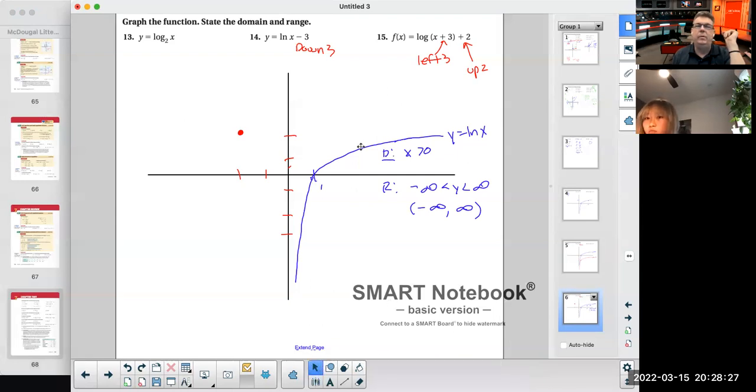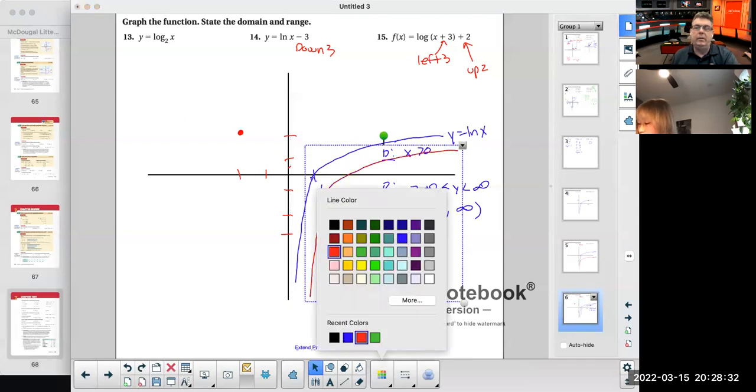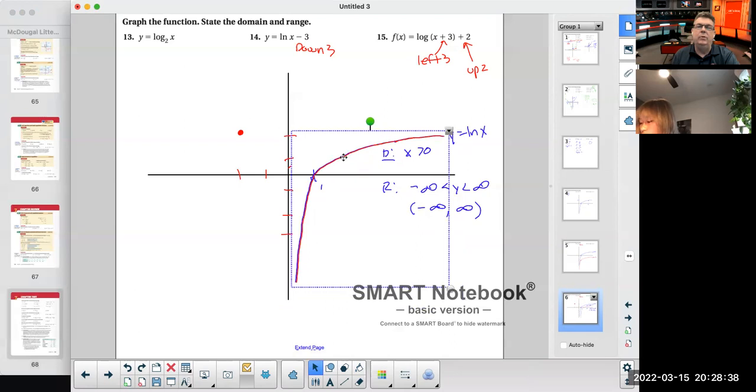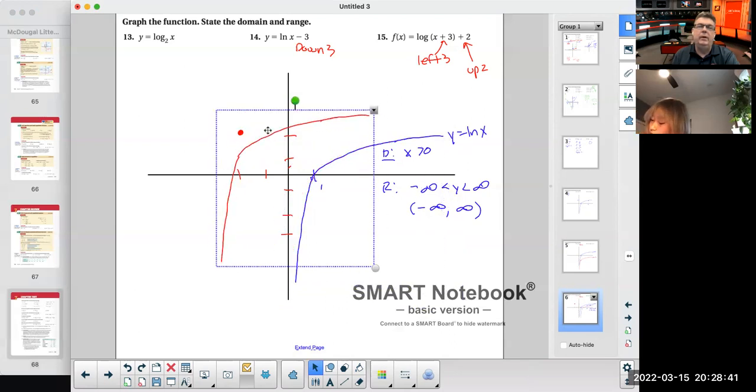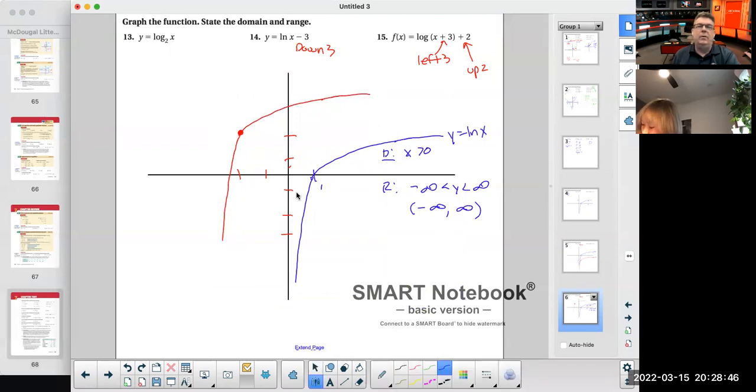You okay? Okay, so if we duplicate that, make it red, and we're just going to take this graph, we're going to move it left 3 and up 2, and it looks like that, right? So now the only thing that's going to change is the domain, because it used to be greater than 0, right? And this is f of x equals log of x plus 3, plus 2.